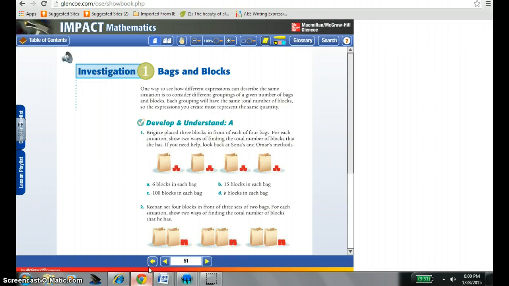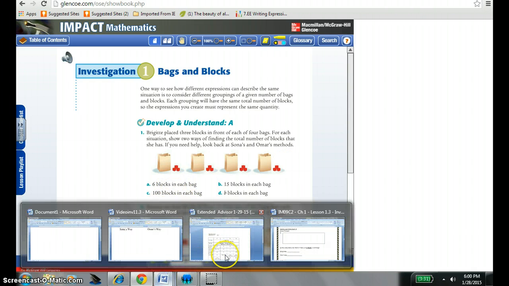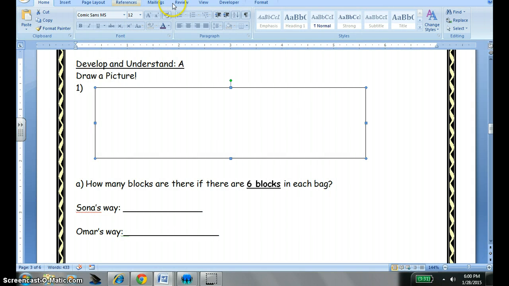So if I go back here, here's my model. I have 4 bags. I have 3 blocks in front of each bag. And then I don't know how many are in each bag to begin with, and then they give me these 4 different scenarios. So when it says draw a picture, this is what I'm going to do.